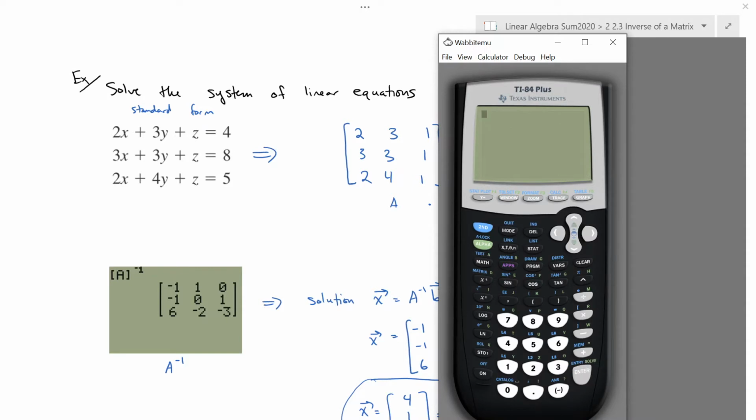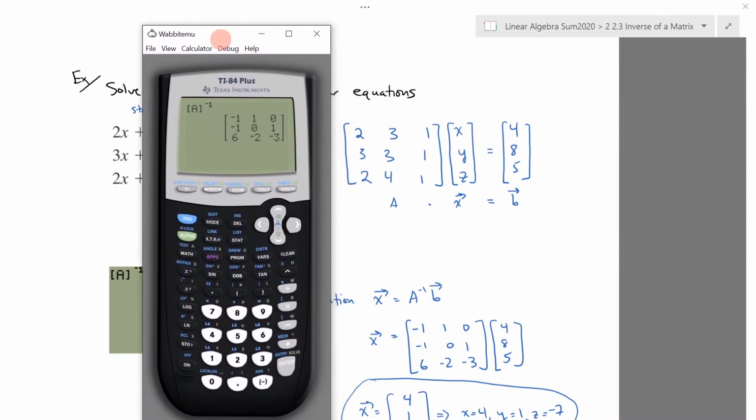I've already inputted the matrix A into the calculator. You can see when I calculate A inverse, it gives you exactly this matrix here: negative 1, 1, 0, negative 1, 0, 1, 6, negative 2, 3.